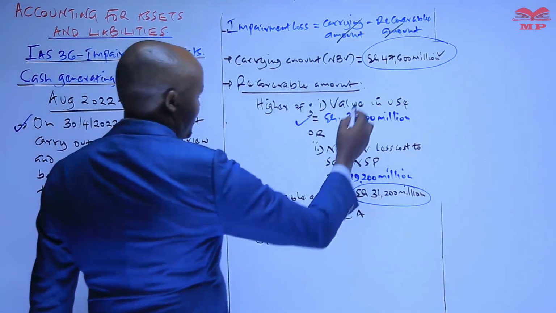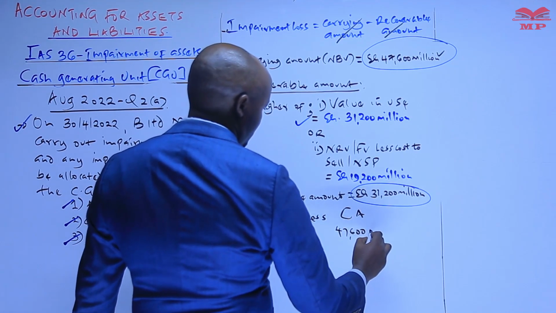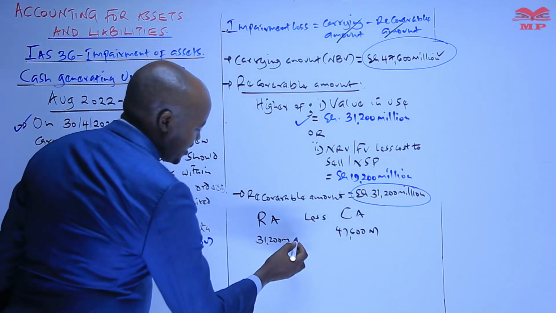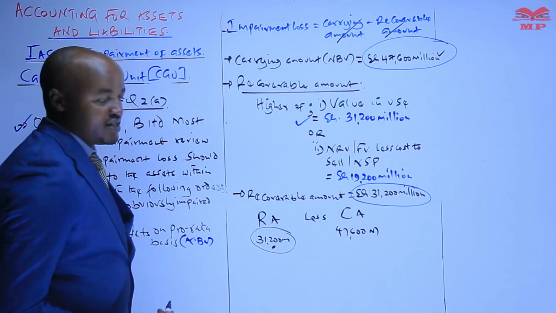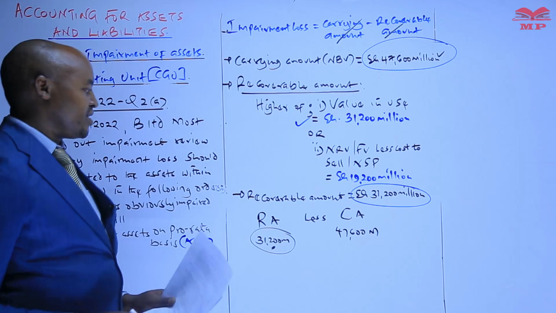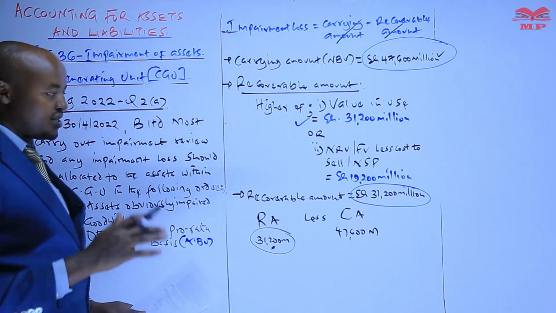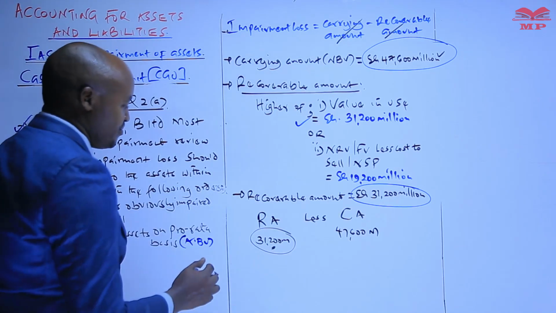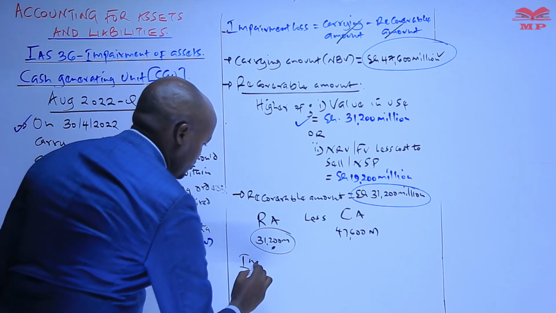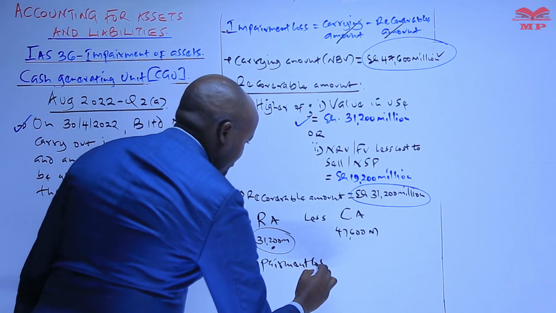What about the carrying amount? It is 47,600 million. So we need to check, is our recoverable amount less? Is this less than that one? Yes, it is. If that is the case, then we say that our asset here is what? Is impaired. Not the asset, rather, our cash generating unit is impaired. And therefore, we need to proceed and determine the impairment loss.